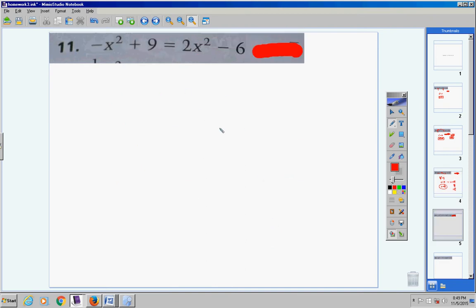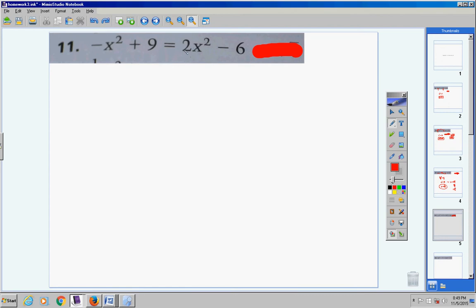Or number 11. Step 1, simplify both sides. There's nothing you can do to this side. We have unlike terms. There's nothing you can do to this side. We have unlike terms. Next, eliminate fractions. There are no fractions. Next, we're going to move all of our x squared terms to one side and all other terms to the other side.